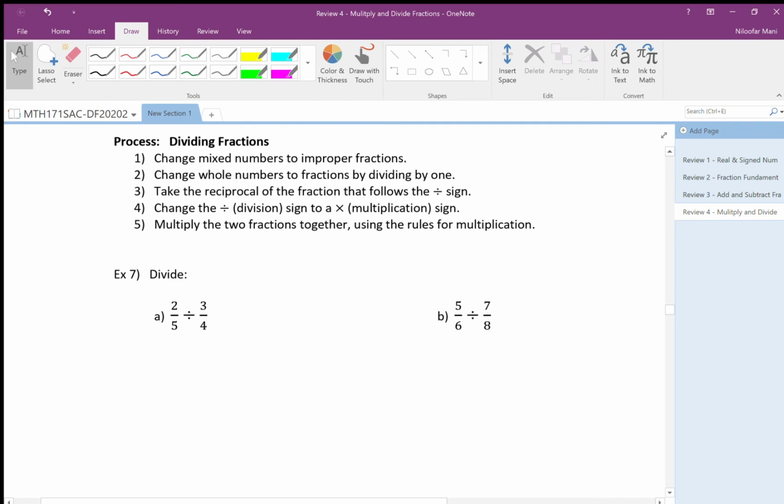So how do I do divisions? First of all, no least common denominator. You don't need to make denominators the same. Second, change mixed fraction to improper. Change whole numbers to fractions. I taught you just a different way, so it doesn't matter. You can do that way, you can do this way. If you see a whole number, just write over 1 and then that's a fraction.